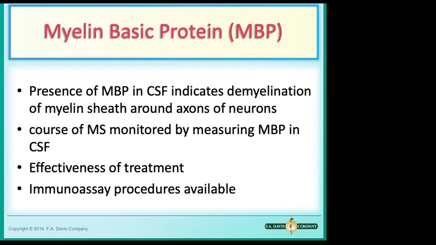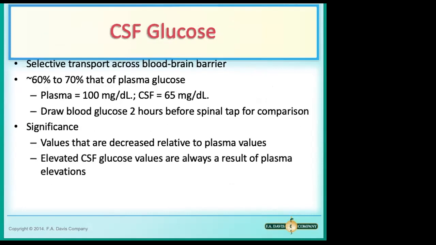There are other causes of increased MBP: CNS trauma, encephalopathies, Guillain-Barré syndrome, lupus, and brain tumors will give you an increase in this protein as well. And you can use immunoassay procedures to measure these proteins. We also measure glucose in chemistry.